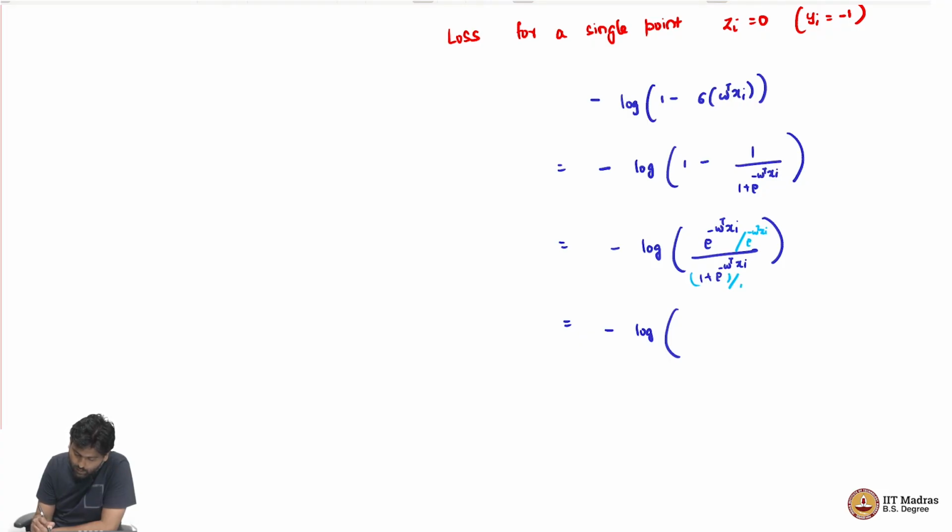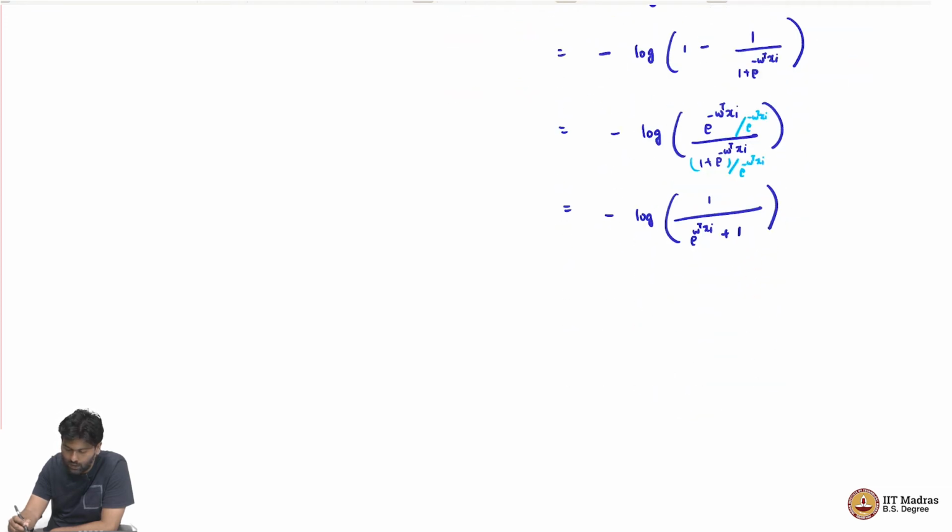I can do that because it is always going to be a positive term, it will not be 0, so division is still okay. The reason why I am doing this will be apparent in a minute. The numerator will become 1, the denominator will become e power W transpose Xi plus 1. So, now this itself can be written as log of 1 plus e power W transpose Xi.